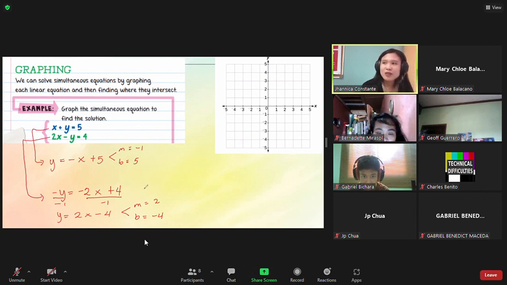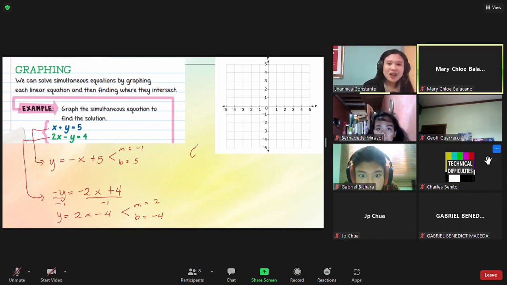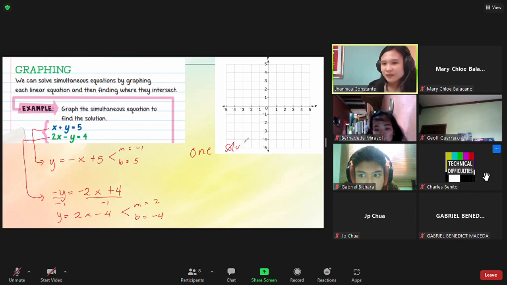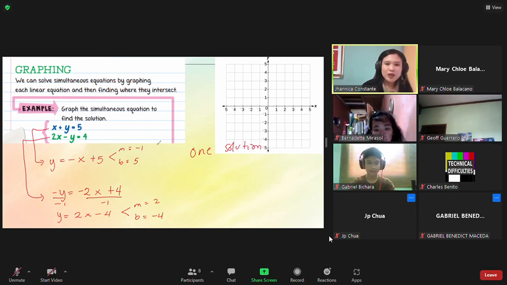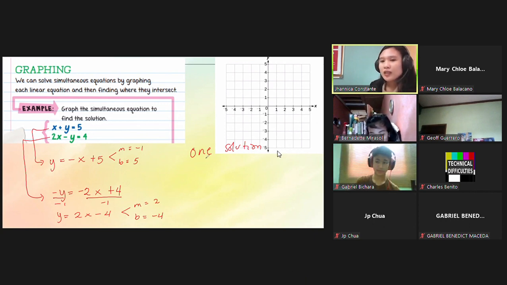If we have different slope and different y-intercept, we're going to have one solution. So if you have different slope and different y-intercept, the number of solutions for a simultaneous function is one solution. If we graph these two equations, the lines will intersect each other.